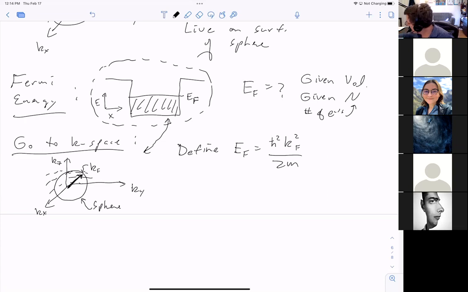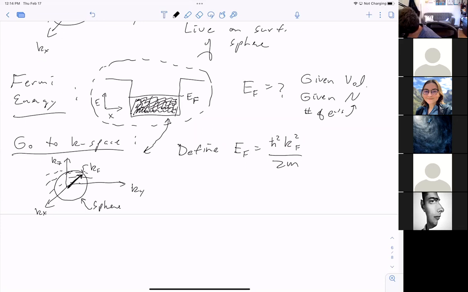Well, I want to talk about all the electrons. So these ones too. I'm talking about every electron in the metal. So where are all those electrons relative to this sphere that I just drew in K space? They're all within the sphere. Exactly. That's the key concept, and you all must understand that.